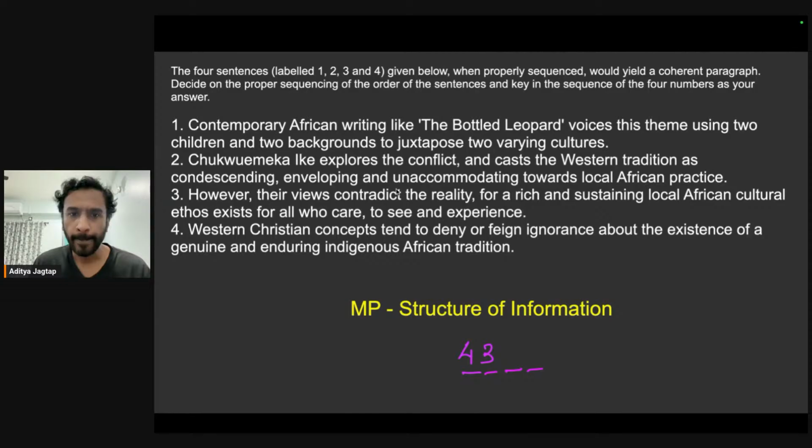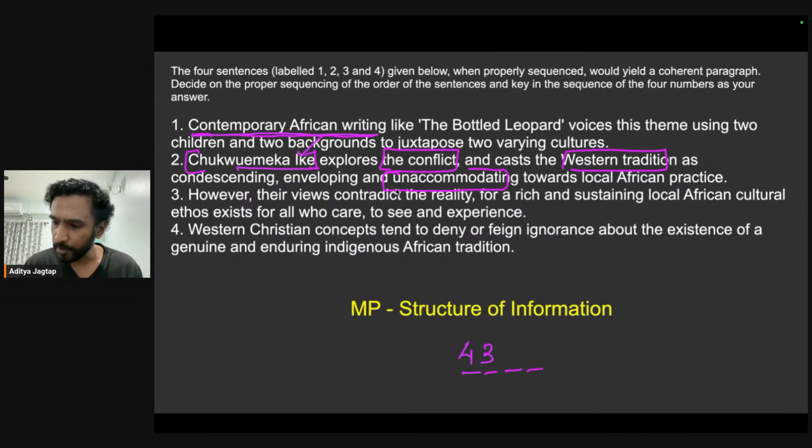And yes, there is. First, is this person an example? Because if you notice, sentence 2 says the conflict has been explored by this person, and the conflict considers Western tradition as unaccommodating. Seemingly, again, we don't know for sure, sentence 1 is about all of contemporary African writing, like the Bottle Leopard.